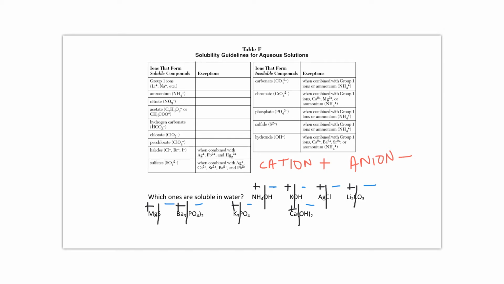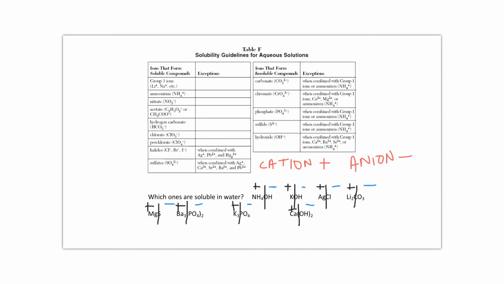So how do we read the chart? We're always going to look for the anion first in our system. If we can't find it, then we go to the cation. So the first one, we're going to look for OH on my chart here. And here it is, hydroxide. Now, normally it says it's insoluble, but let's check the exceptions to the rule in case we meet that.